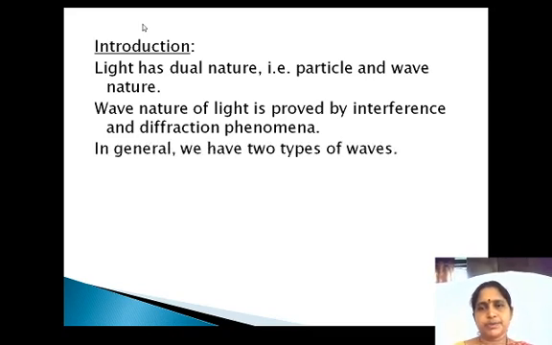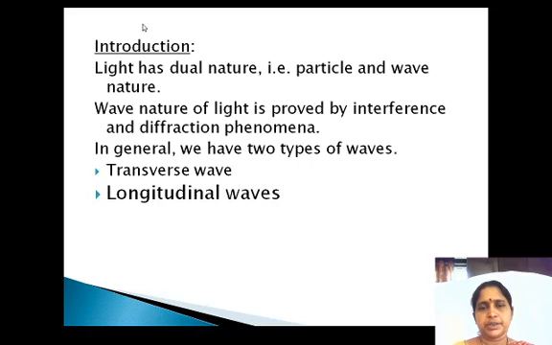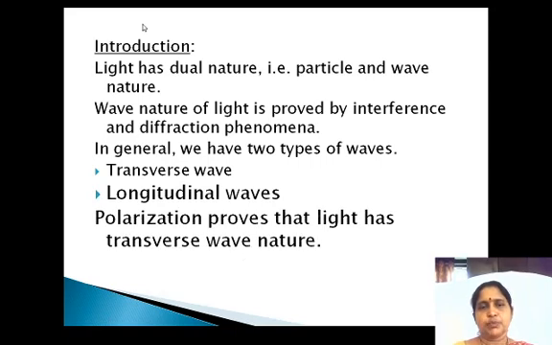In general, we have two types of waves, but which type of wave is light? We prove this using polarization. Generally, we have two types of waves: transverse waves and longitudinal waves. Polarization proves that light has transverse wave nature. So light has particle and wave nature.